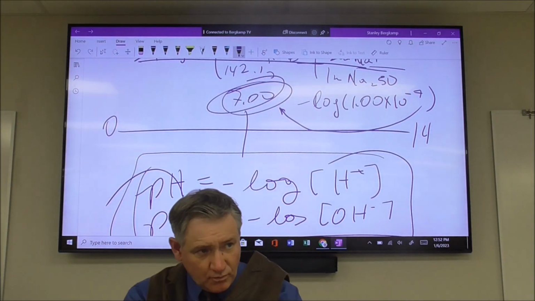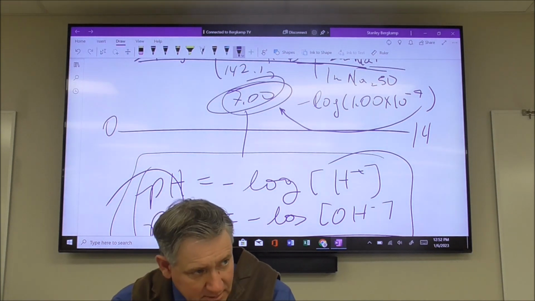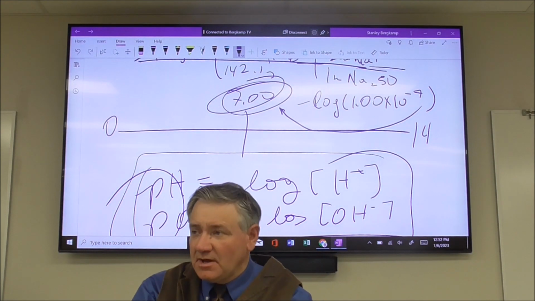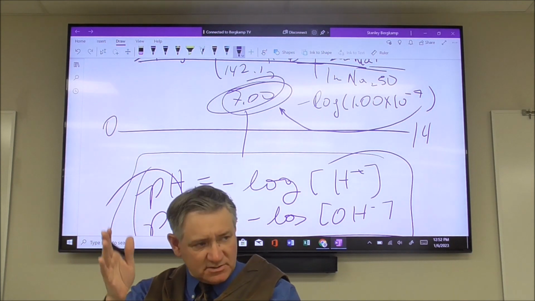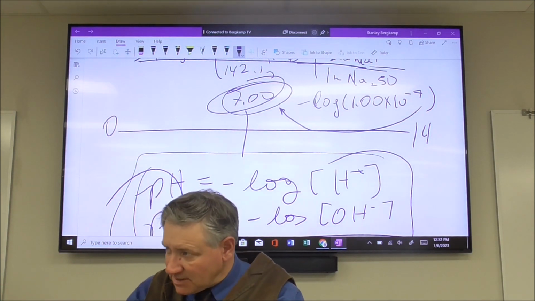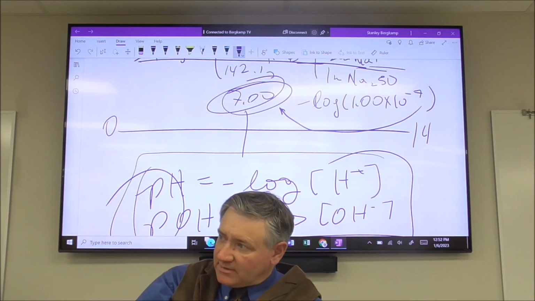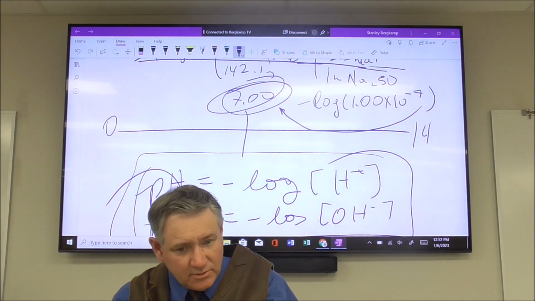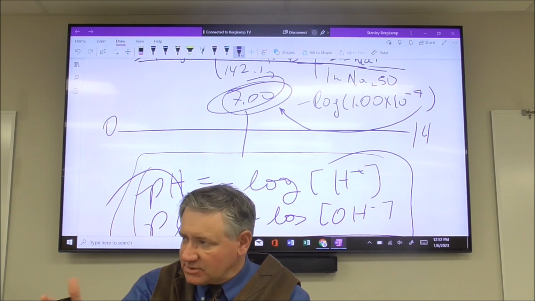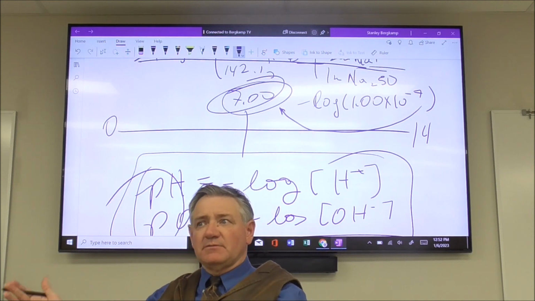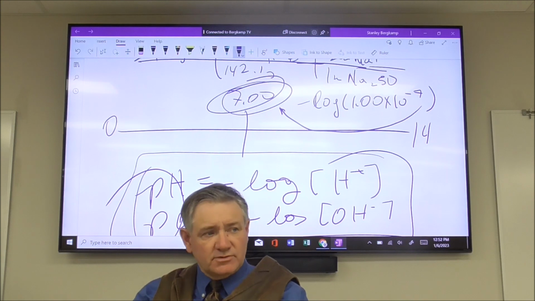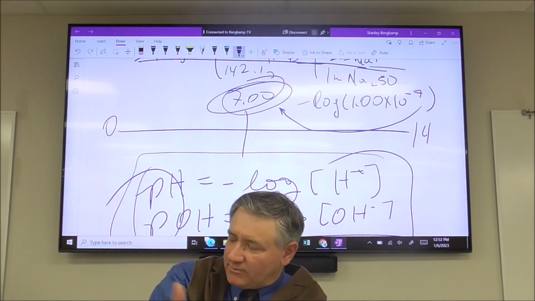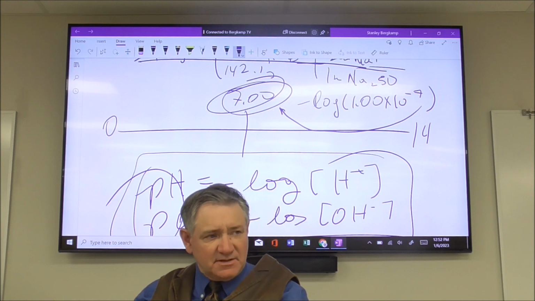So neutral water has a pH of 7 only because in neutral solutions, the hydronium ion concentration is 1.00 times 10 to the negative 7th. You take the negative log of that and you get 7. If neutral solutions had a concentration of 1.00 times 10 to the negative 8th, neutral solutions would have a pH of 8. If it was 4, it'd be 1 times 10 to the negative 4th.